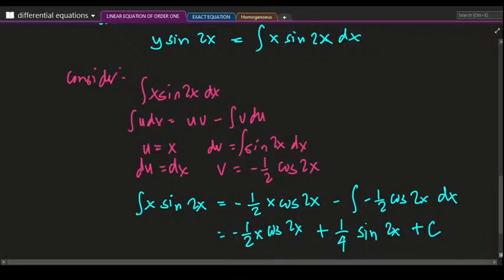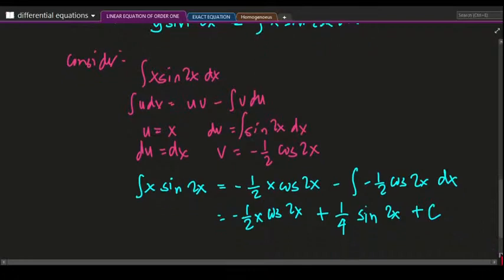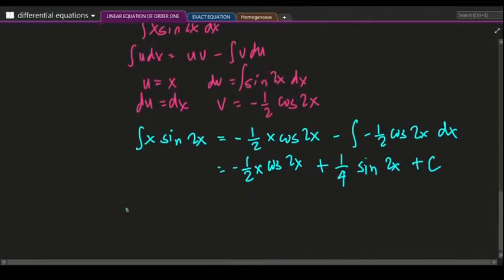So this is now the integral of x sine 2x, the right side of our equation. We'll end up with the general solution: y sine 2x is equal to negative 1/2 x cosine 2x plus 1/4 sine 2x plus c.